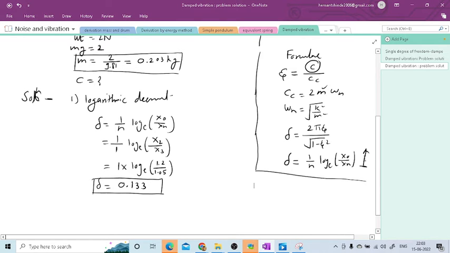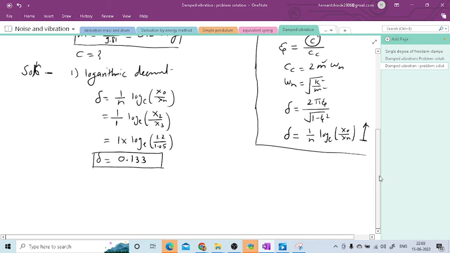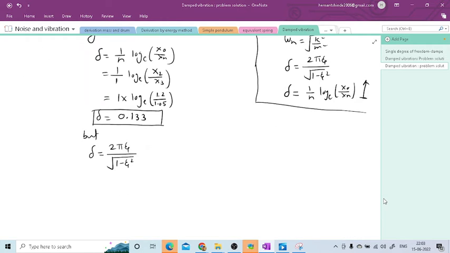So I'm going to put it into the second formula of logarithmic decrement, which is 2 pi zeta divided by root 1 minus zeta square. Okay, now put the values and solve this equation.